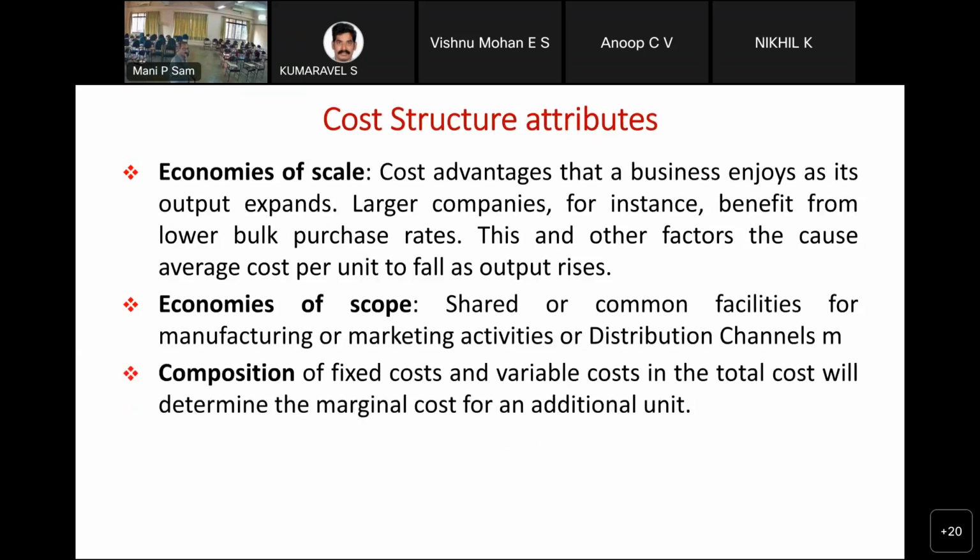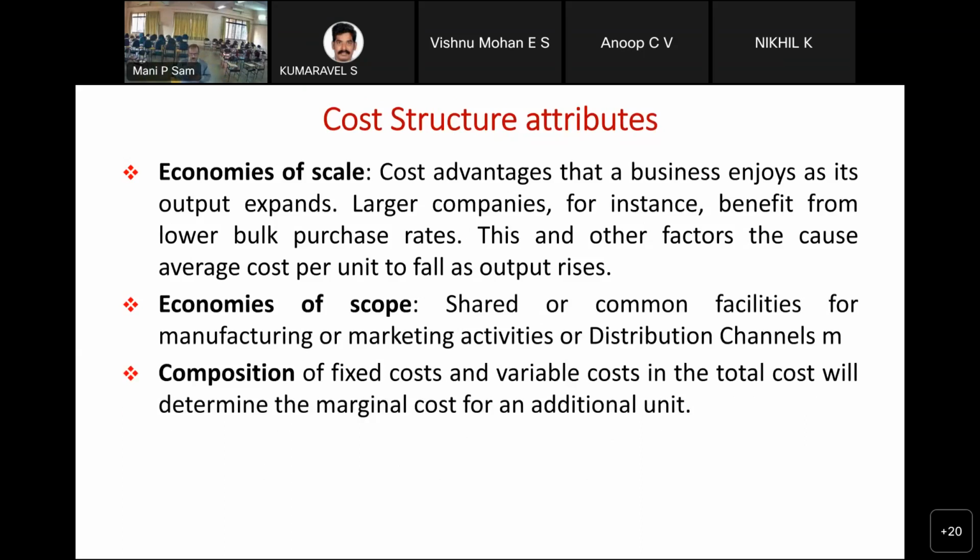Of course, there are economies of scale and economies of scope. Scale is like you have a capability to produce certain things from a fixed setup. Then having the maximum output will naturally bring down the unit cost.